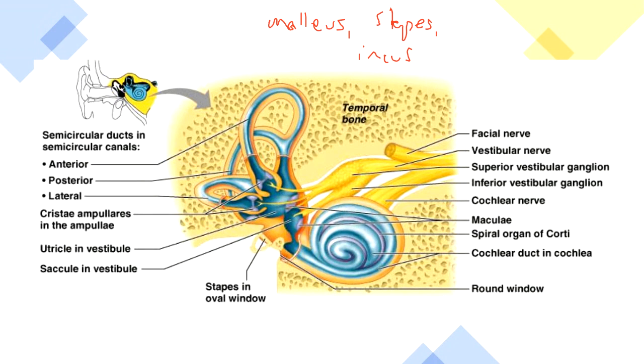Yes, exactly. So the malleus looks like a hammer. The stapes looks something like this. It's kind of like a U. It looks like a stirrup. I don't know if you're familiar with horses, but on the saddle, there on the bottom, there's like a foothold that's called the stirrup, and literally the bone looks just like that. And the incus is the one in the middle between them.